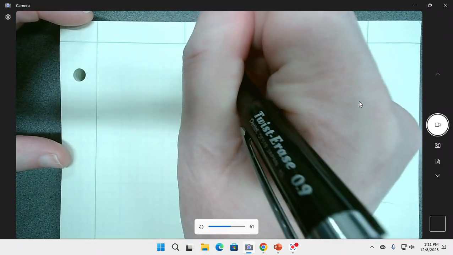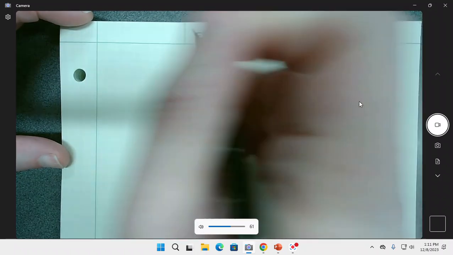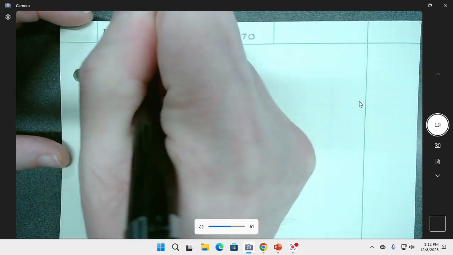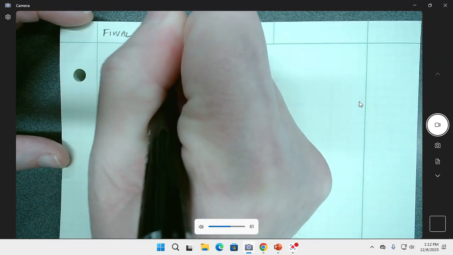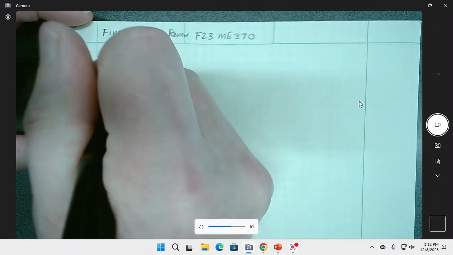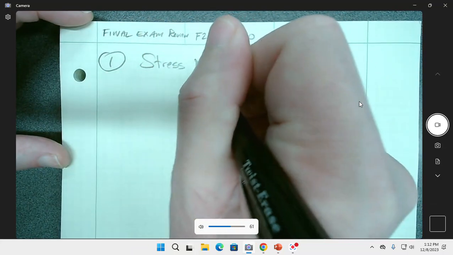F23, ME370, final exam review. Didn't leave enough space. Stress element.